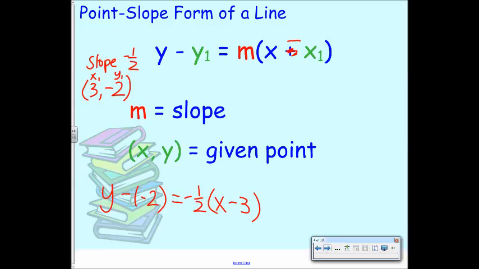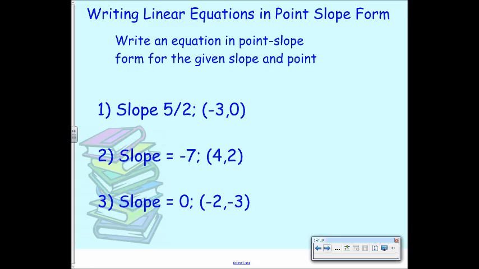All right, so the equation of a line in this format, again, is y minus y1 equals m times x minus x1, where y1 and x1 are whatever the point is, and m is the slope. So for example, in number 1, how would I write this in point-slope form? What's -3? Is that my x or y? That's my x1.